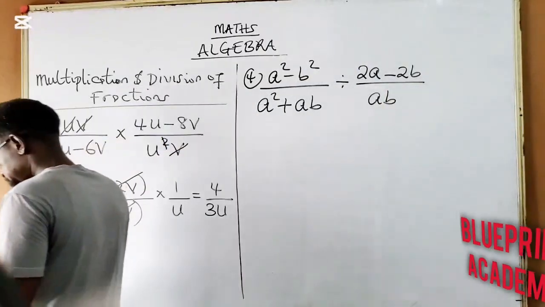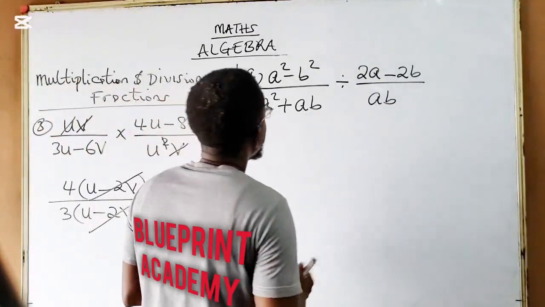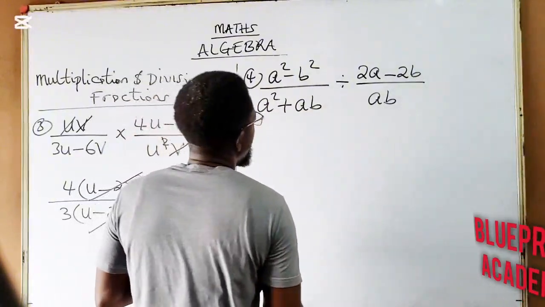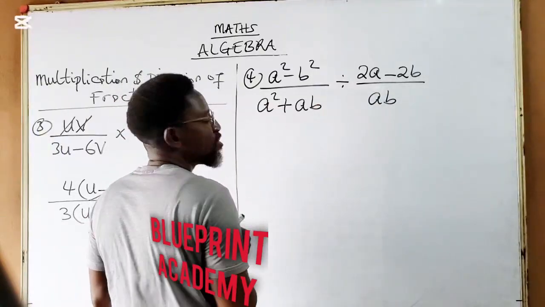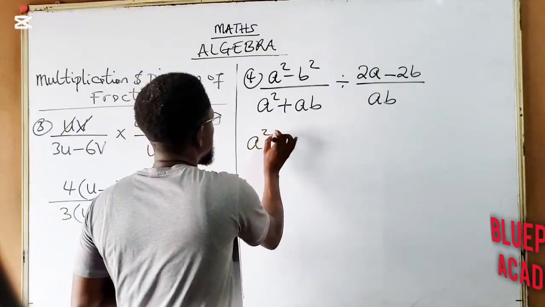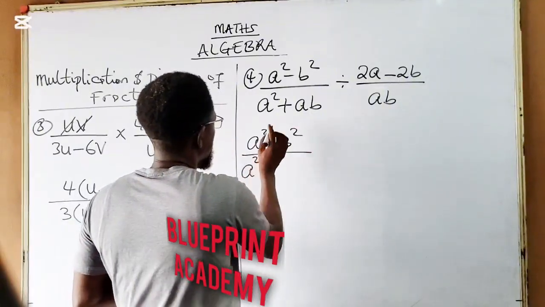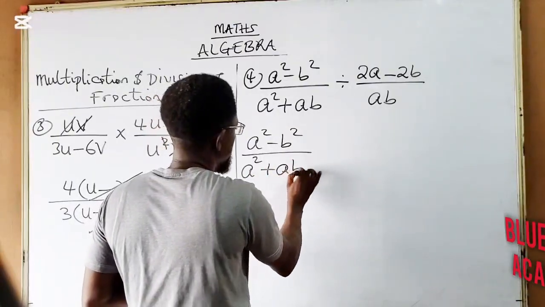Now for this one here, we apply the difference of 2 squares. But before applying the difference of 2 squares, based on what we talked about earlier, you have to change this division sign to multiplication. Then we should have the a square minus b square, then the a square plus ab.